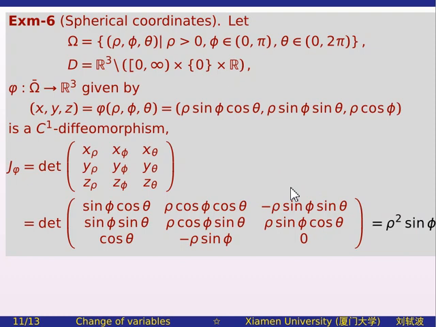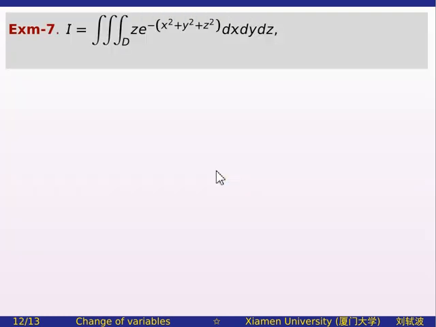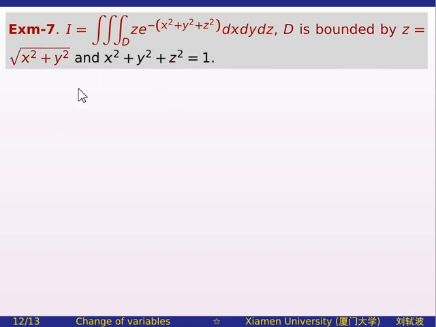Now we go to an example. We compute this triple integral. The integrand is z e to the minus x squared plus y squared plus z squared, and the integral domain is D, where D is bounded by the surface z equal to x squared plus y squared, and the surface x squared plus y squared plus z squared equal to 1.